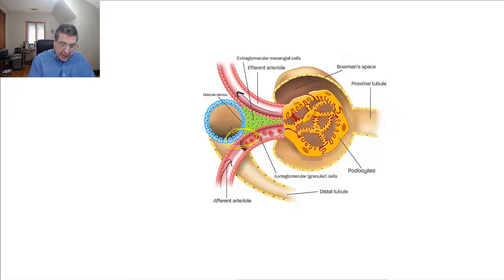And that juxtaglomerular apparatus is made up of macula densa and granular cells, okay?